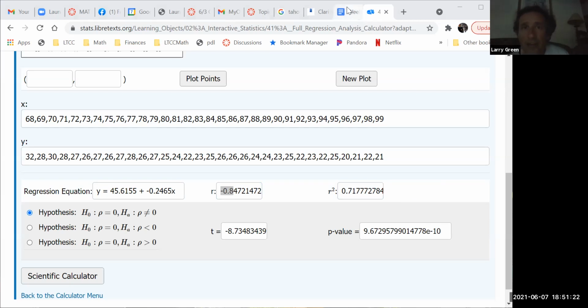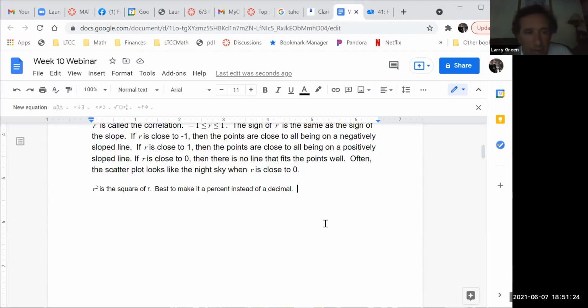And here's how we interpret it. The variation, or standard deviation, because that's what we've learned in our class, in the y variable is considered large.